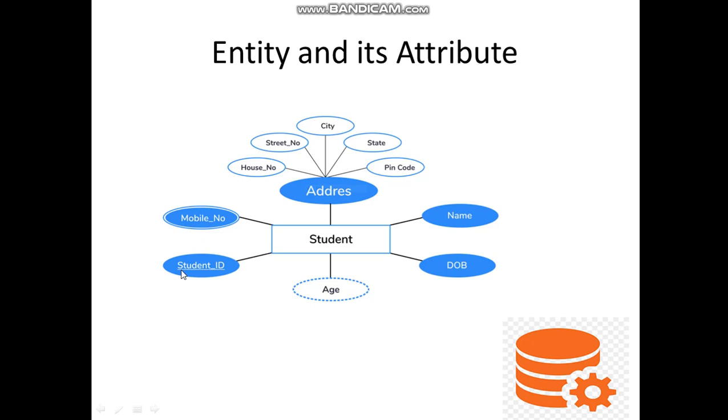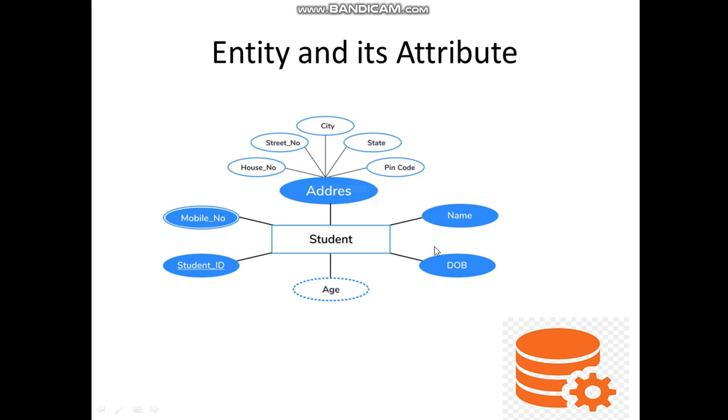This is key attribute. Why? Because it is underlined. Mobile number, what is it? It is multi-valued attribute. Why? Because it is double oval. Next, address. Address is composite attribute. Why? Because it is divided further into different attributes.